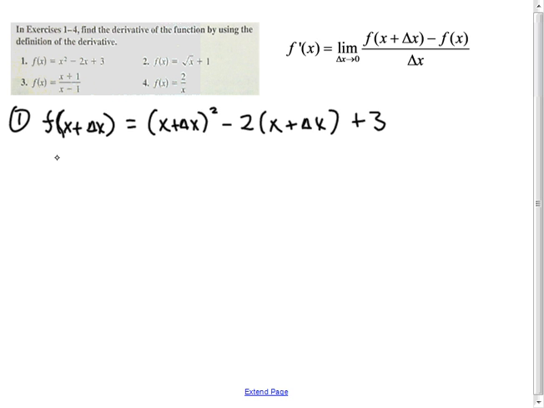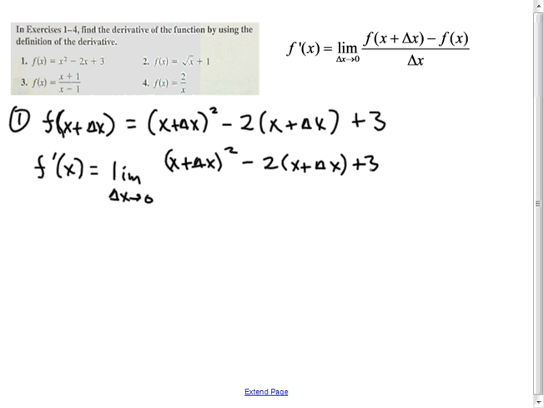So let's go ahead and plug in and find the derivative. According to the rule, f prime of x is going to be equal to the limit as delta x goes to 0 of this function up here, f of x plus delta x, so x plus delta x squared minus 2 times x plus delta x plus 3, then minus, and now I need to subtract f of x, which is x squared minus 2x plus 3.